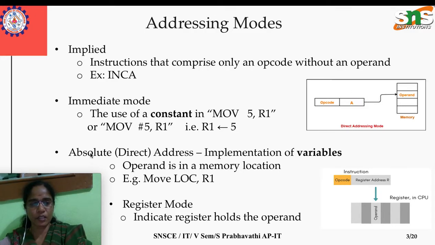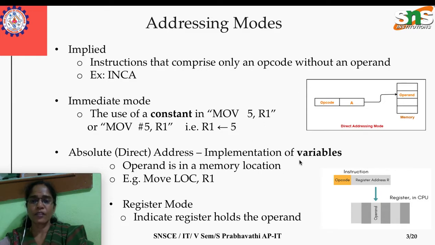Next, about absolute addressing mode, or the other name, direct addressing mode. Direct addressing mode is nothing but the addressing mode where the operand location is given in the instruction itself. For example, in high level languages, when we implement variables, absolute addressing mode is followed by the machine instruction.